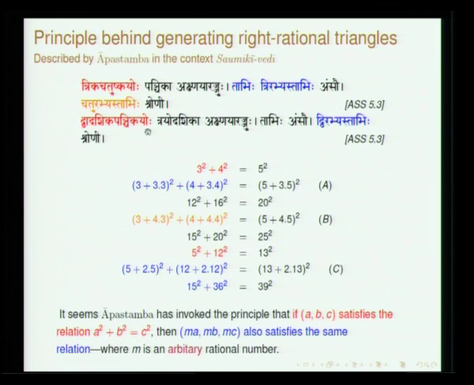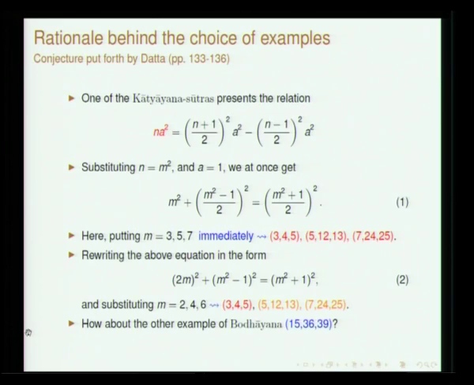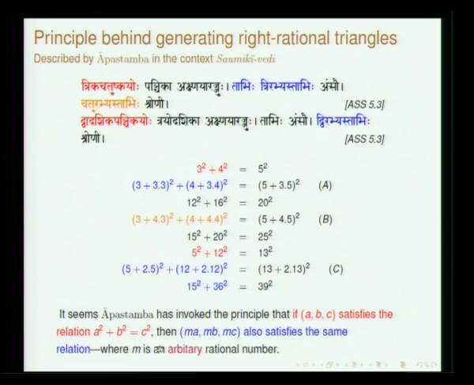Then he says Dvadashika Panchikayoho, start with 5, 12 and Tabhihi Amsau Dvirabhyastabhihi, you take 2 and then do this process, then you will get 15, 36 and 39. So, this is the kind of triplet, as I was mentioning. This has been given by Bodhayana also.